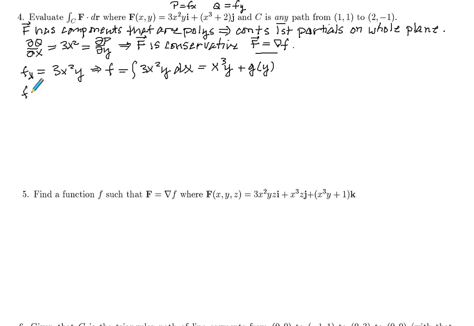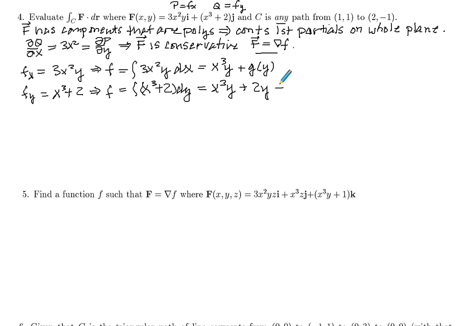And then if f_y is x cubed plus 2, then we can recover f by doing the y integral of this. So f is going to be the integral of our x cubed plus 2 dy. So these are both constants with respect to y, so we integrate the x cubed, we get x cubed y, and we integrate the 2, we get 2y.